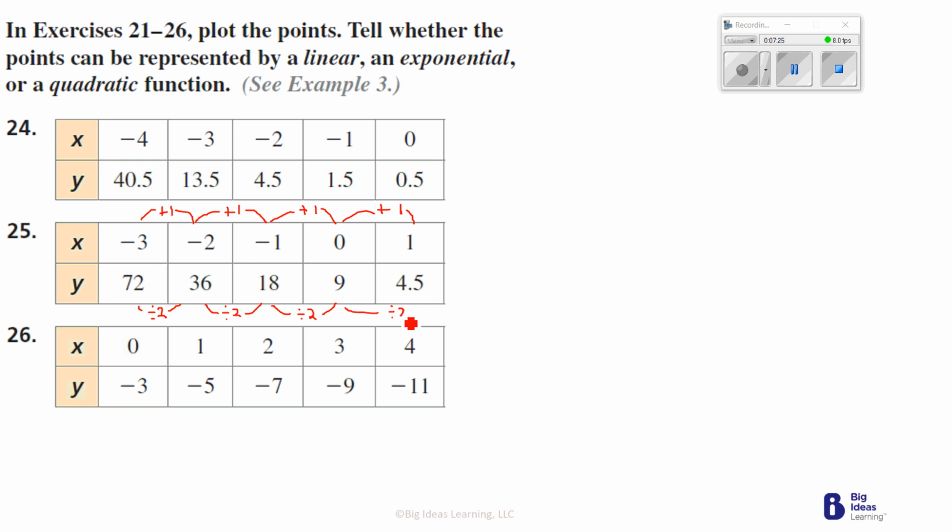Now, a lot of people say, what are you doing with dividing each time? But you could also say that instead of dividing by 2, you're multiplying by 1/2, which says the same thing. So I'm going to change all these to show multiplying by 1/2.